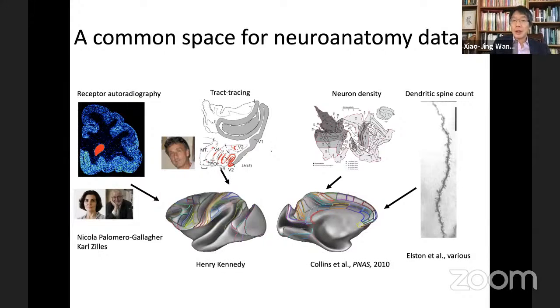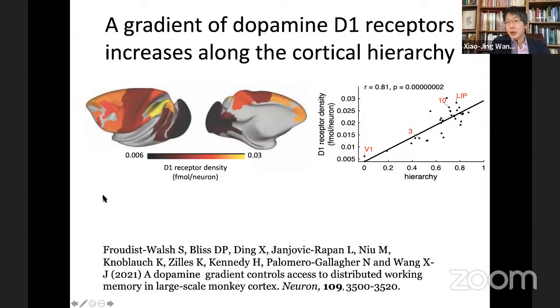And then I guess the new experimental finding is really from the receptor density labeling, which quite nicely shows, as you see on the right, this macroscopic gradient as a function of the hierarchical position defined by anatomical methods for different cortical areas, with V1 being at the bottom and frontal and parietal areas higher in the hierarchy.